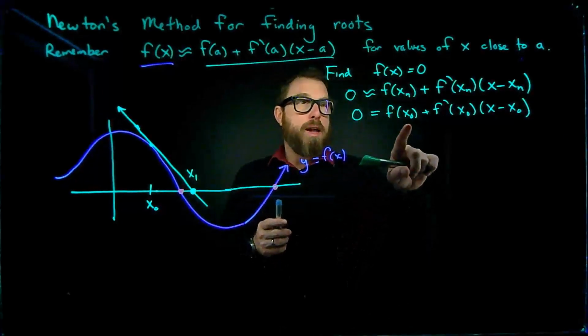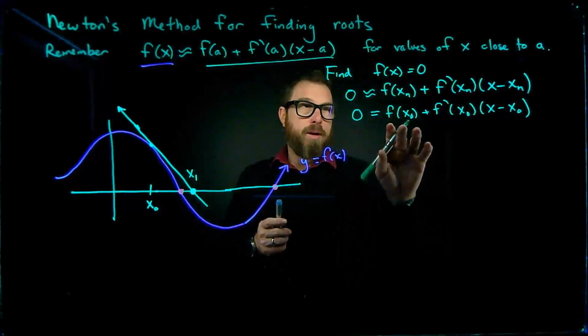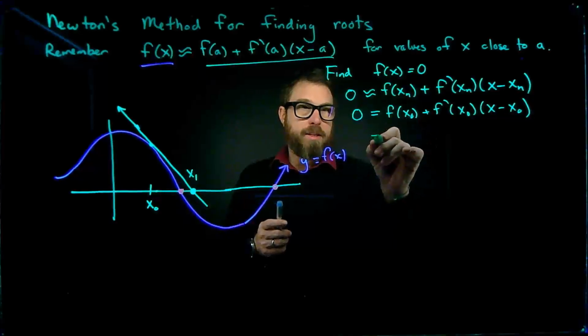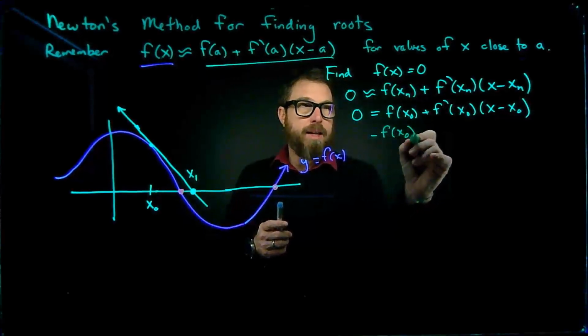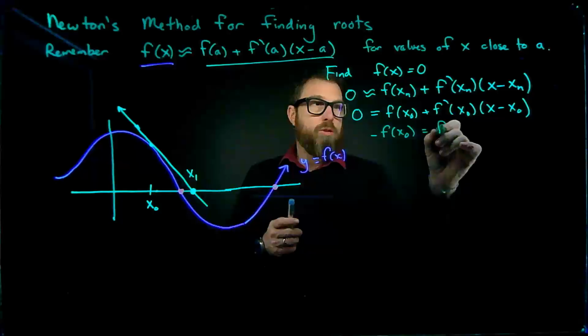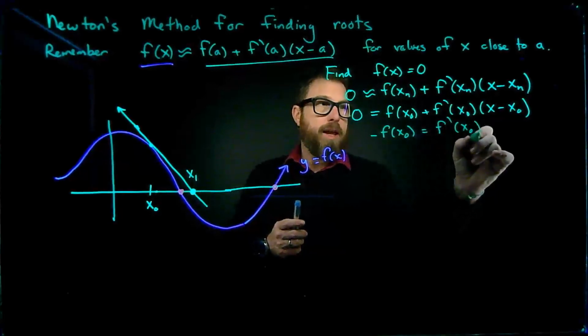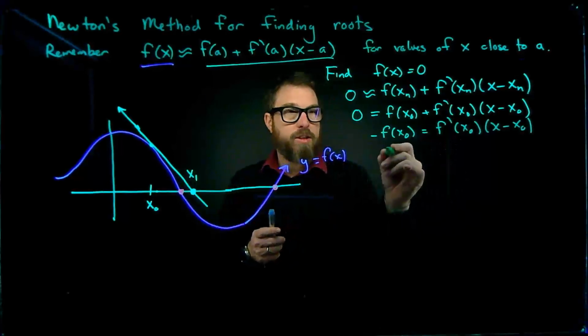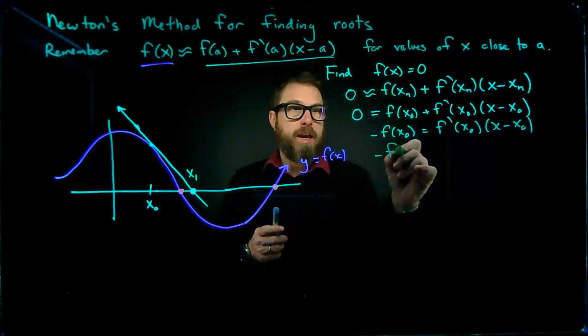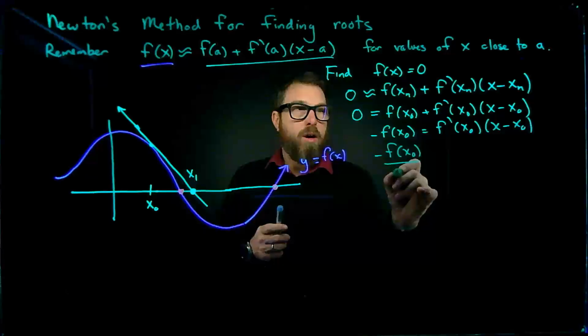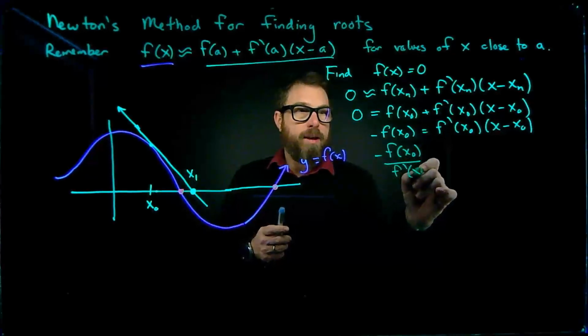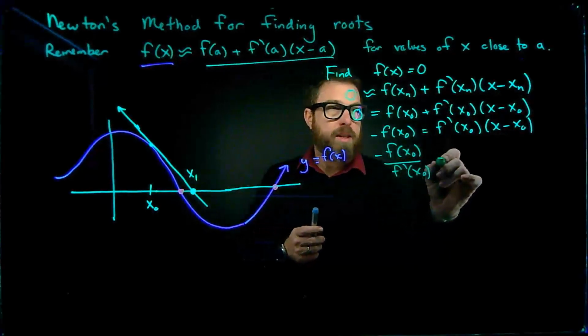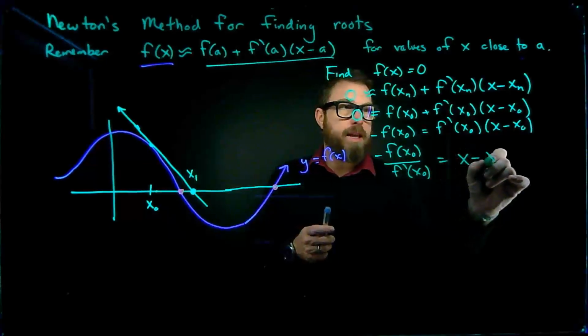So in order to do that, I'm going to subtract off f of x sub naught, so negative f of x sub naught is equal to f prime of x sub naught times x minus x sub naught. And then we're going to divide, so then negative f of x sub naught all over f prime of x sub naught is equal to x minus x sub naught.